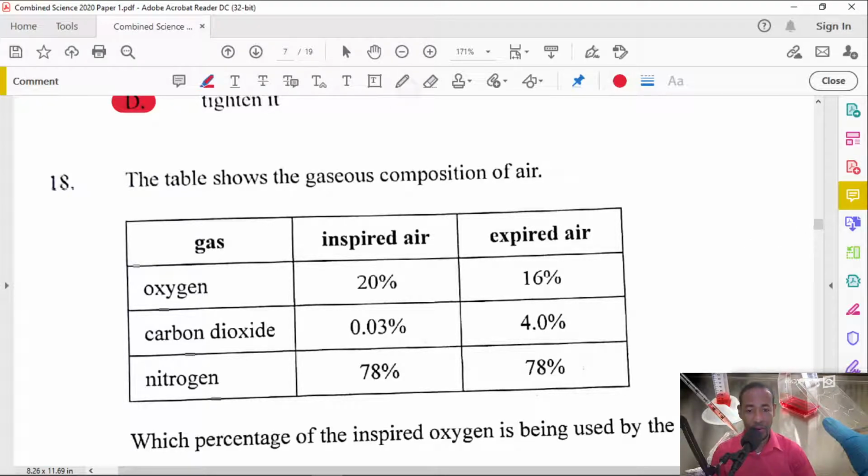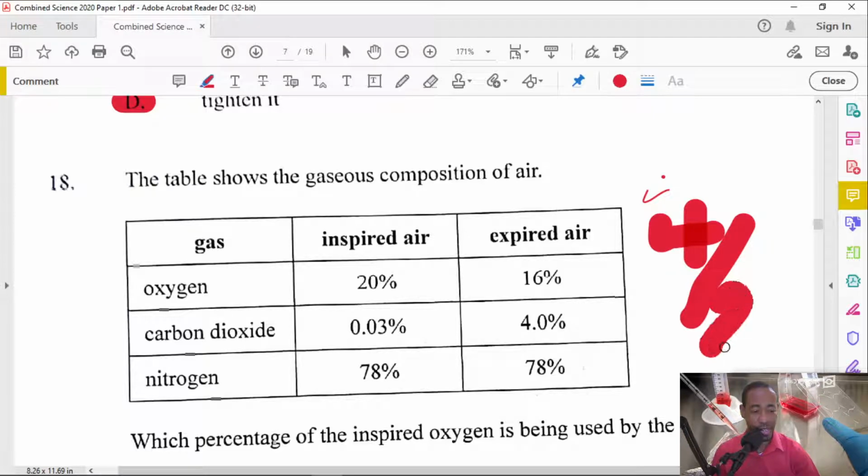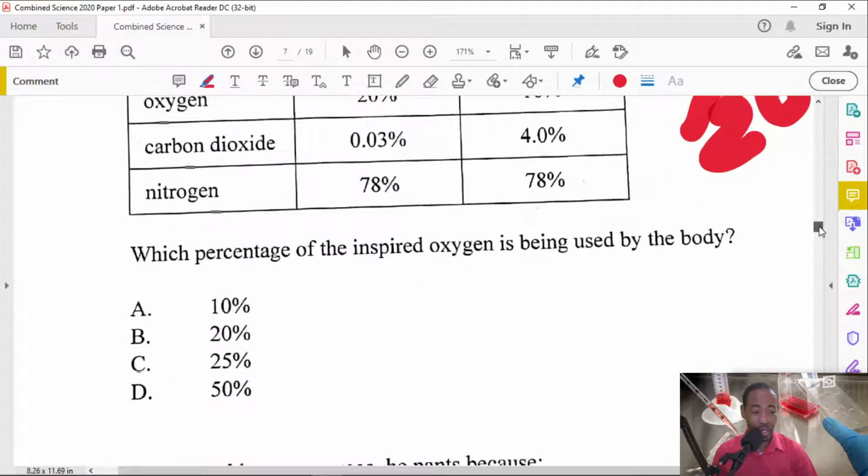Let me just write that for you. You're going to say 4% divided by 20%. So we're going to say 4 divided by 20. Now let's do that real big. 4 over 20 times 100, you will get only 20%.